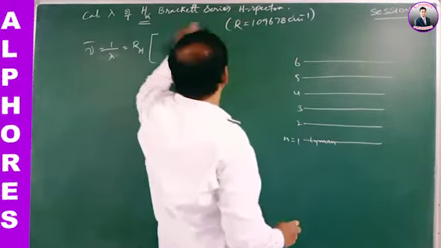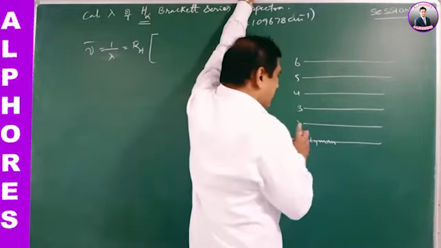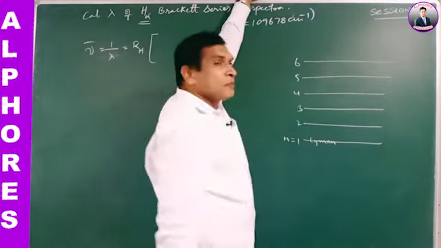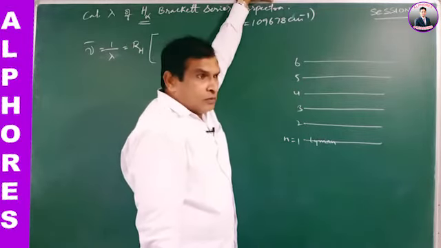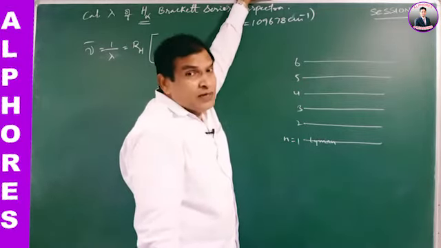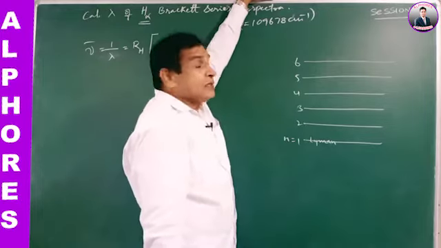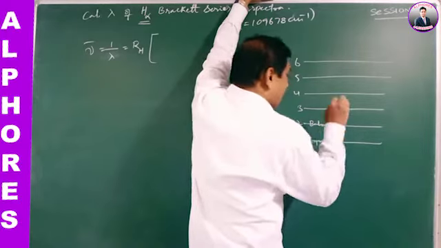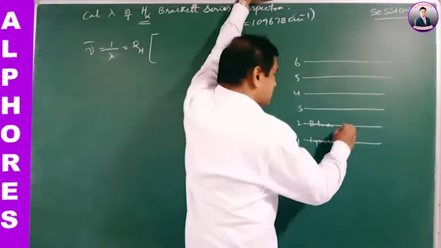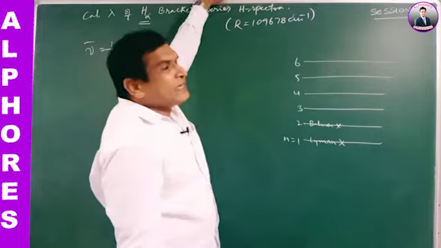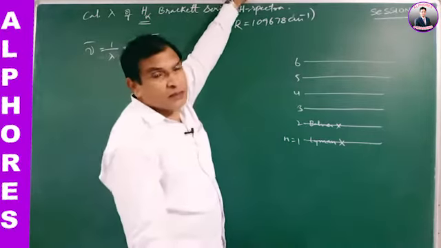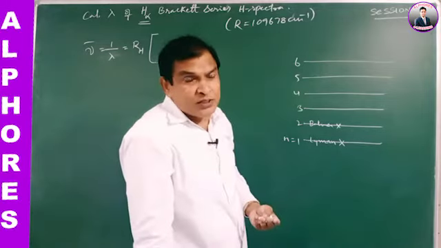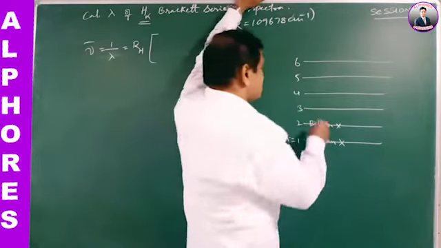Now we consider only the Brackett series. When an excited electron jumps from a higher energy level to the second energy level, the spectral line is in the visible region, and the series is called the Balmer series. That is also not considered for us now. Next, when an excited electron jumps into the third orbit, the spectral line is in the near infrared region, and that is called the Paschen series.